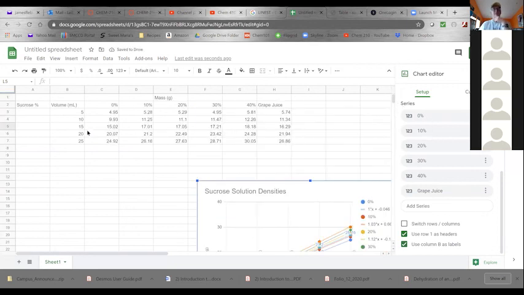You can see with my original data, I've only plotted 5 through 25. If you want even more accurate data, you put down 0 mils and then 0 grams. And that should give you an even better y-intercept and a more accurate slope.